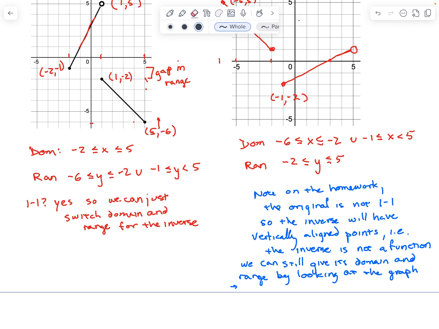Okay, so the domain and range will not be immediately switchable, but you can still look at the picture and figure out the domain and range.